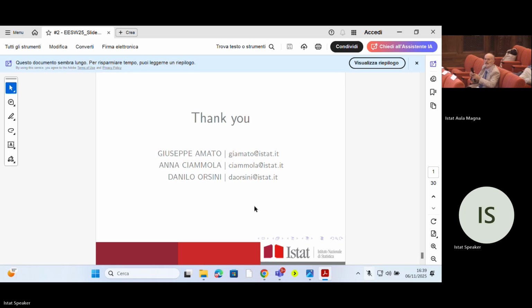Thank you. This approach can be used for cumulative variables like turnover, production, employees. Obviously, it cannot be used for prices or variables that cannot be cumulated.